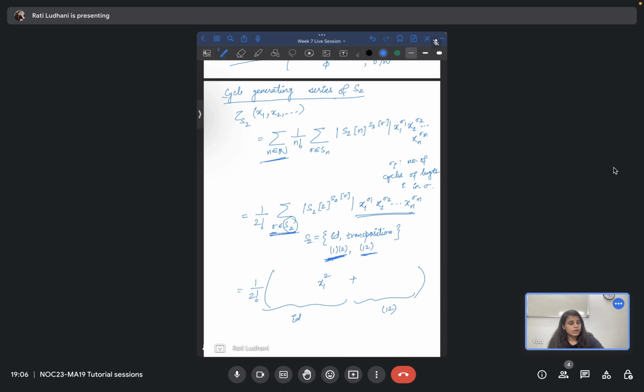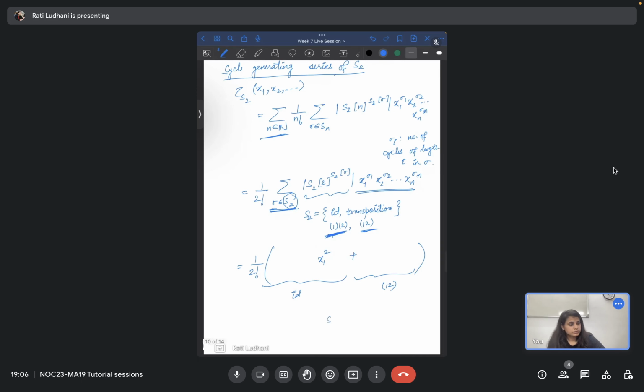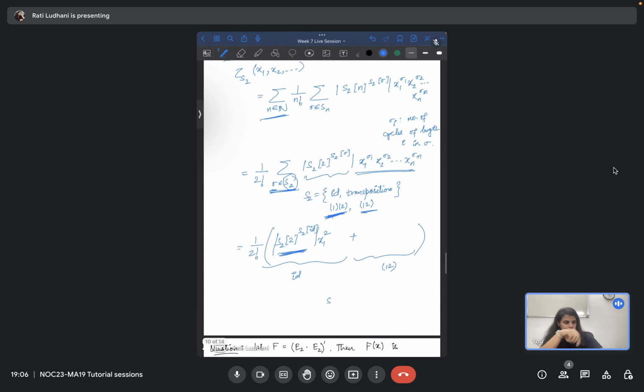Very good. Now you need to calculate this. So what is this? S2, ma'am. For this identity, I am calculating this value right now. What is S2 of sigma? Sigma is your identity now. So what are we doing? This actually forms this structure.